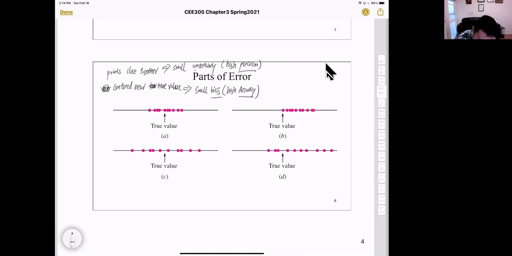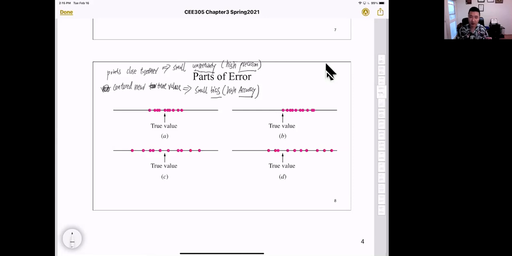All right, so we talk about uncertainty, precision, bias, and accuracy. When the measurements are close together, it doesn't care about the difference to the true value. As long as the points are close to each other, we see the uncertainty is small. We have another parameter to describe uncertainty, which is the standard deviation, which we'll talk about in a moment.